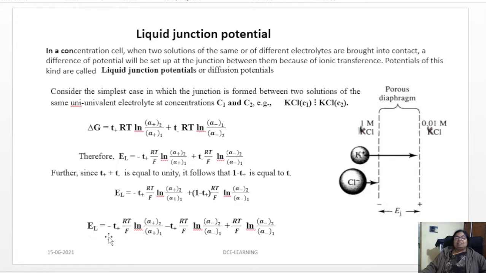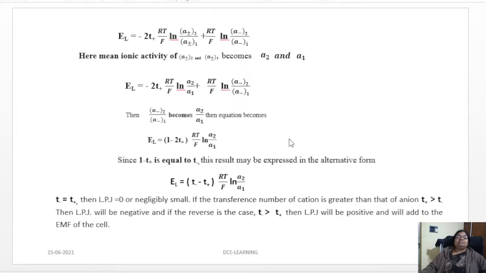On rearrangement, the liquid junction potential E_L equals minus 2 t plus RT by F ln of a2 by a1 plus RT by F ln of a2 by a1.